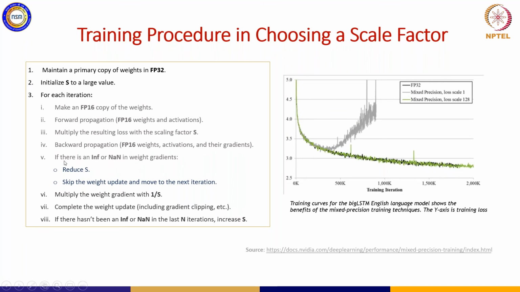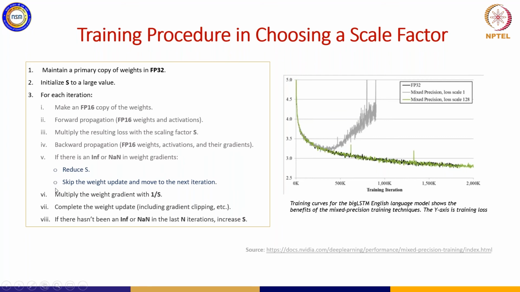If that occurs, you need to reduce the value of the scaling factor X from the initial one, and you skip the weight update. You wouldn't update because you can't update with an infinity or NaN value in your weights. So you skip that, and after you have reduced, you start all over again.